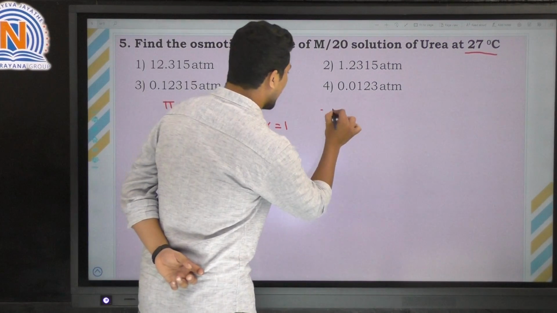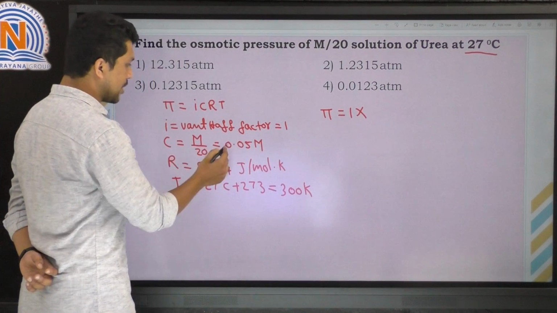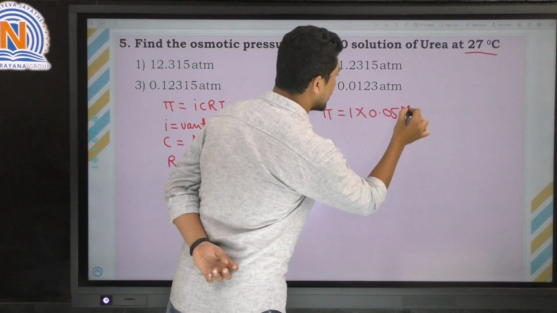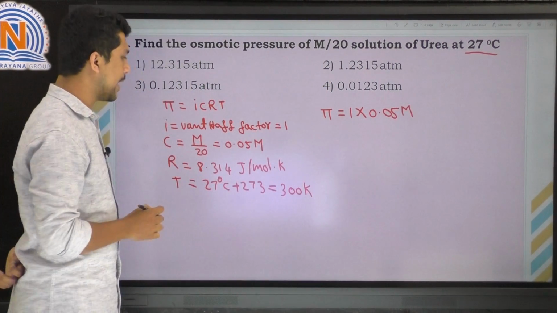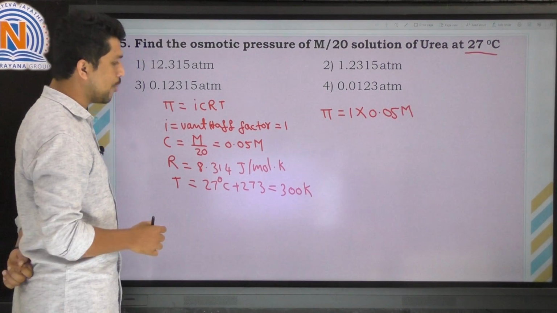Now substitute these values in the formula. π equals i value 1 into the concentration 0.05 moles into R, which equals 8.314 joule per mole Kelvin.